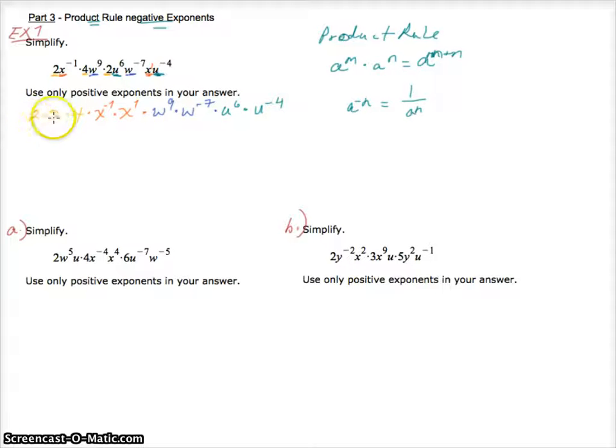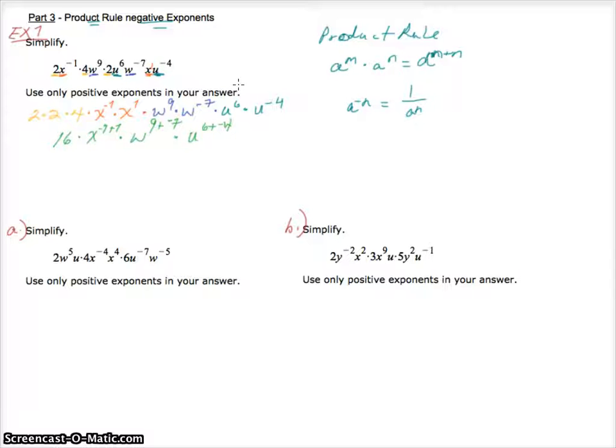So we'll do 2 times 2 times 4, so 2 times 2 is 4, times 4 gives me 16, times x to the negative 1 plus 1, times w to the ninth plus negative 7, times u to the sixth plus negative 4.